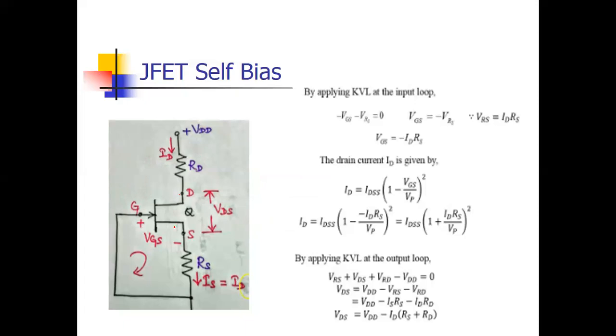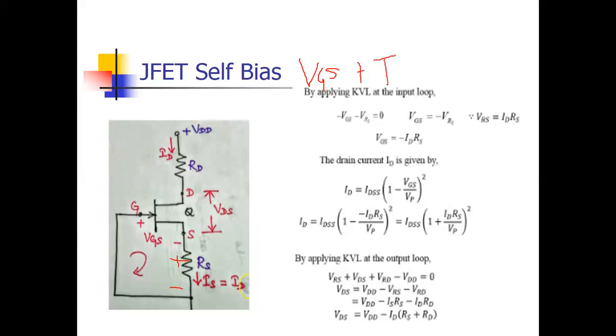Now if we apply KVL on the input side, what will the equation be? The equation will be VGS plus ID RS equals 0. There is no sign convention for the resistance, but we take the sign according to the direction of current flow.